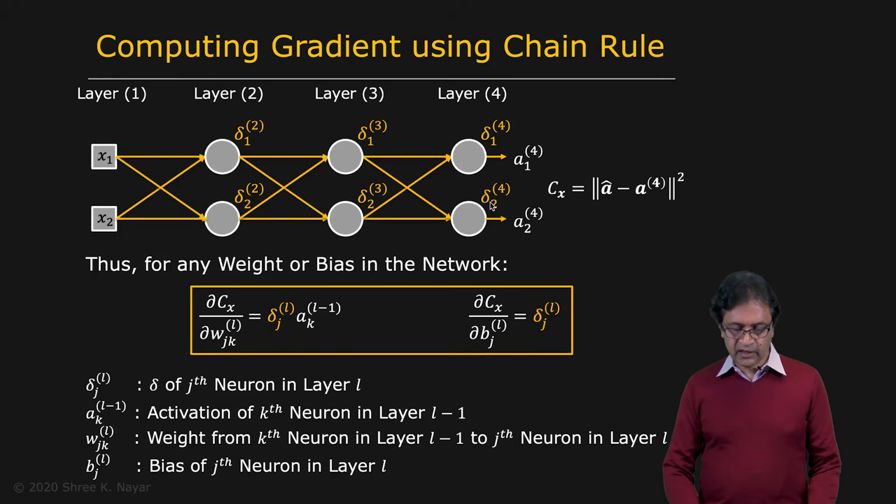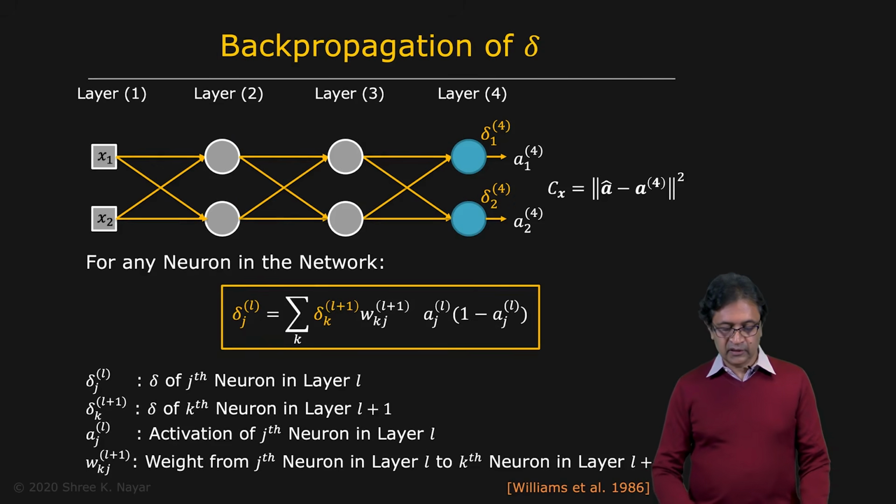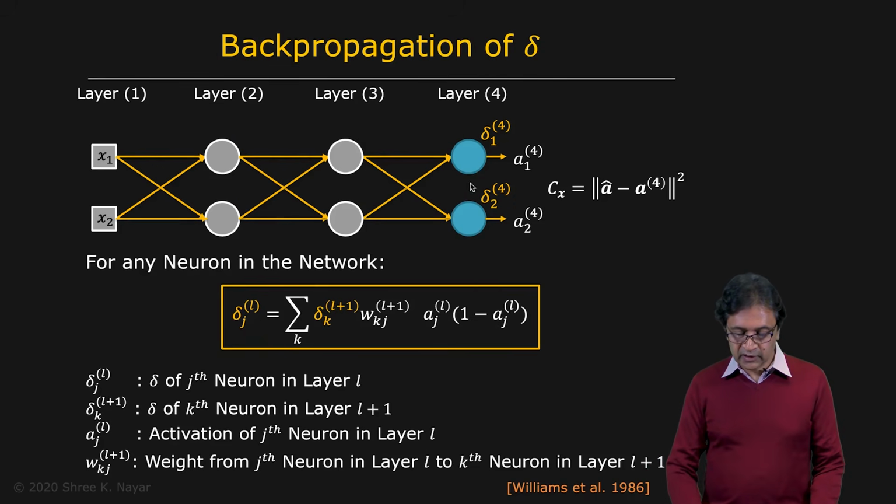What's left now is how do we find the deltas for the previous layers? These layers right here. And so once again, we use the chain rule, and it turns out that you can show that if you know the deltas for a layer here in the output layer, using these deltas and the activations of the previous layer and the known weights of the current layer, we can actually find the deltas of the previous layer.